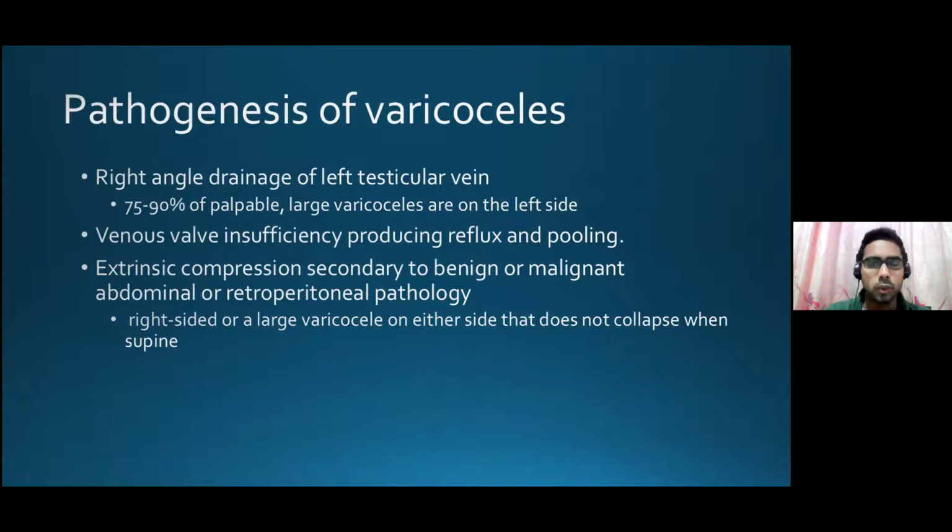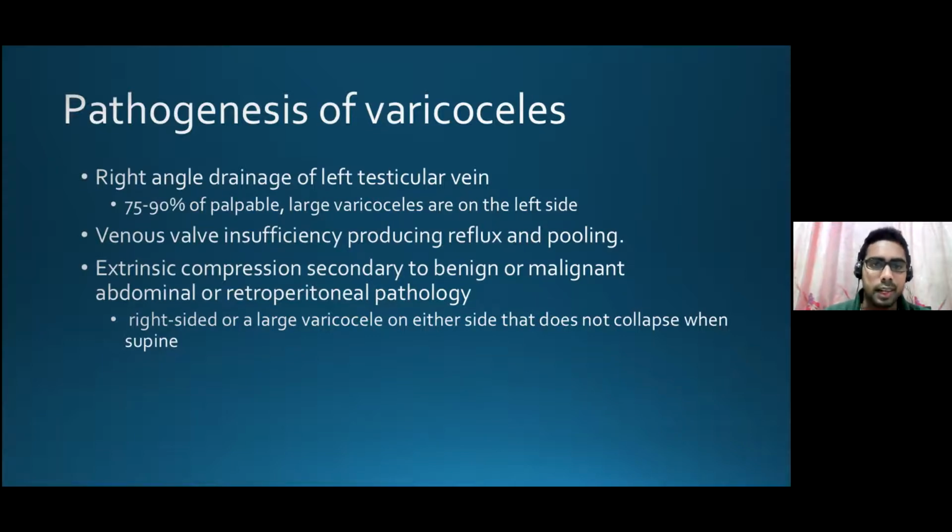So these two pathogenic mechanisms lead to primary varicoceles, and there's another entity called secondary varicoceles, which occur due to a secondary cause like external compression of the gonadal veins by a mass in the retroperitoneum, leading to a non-reducible varicocele.